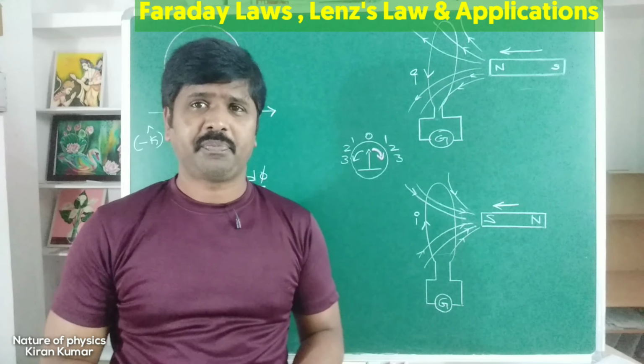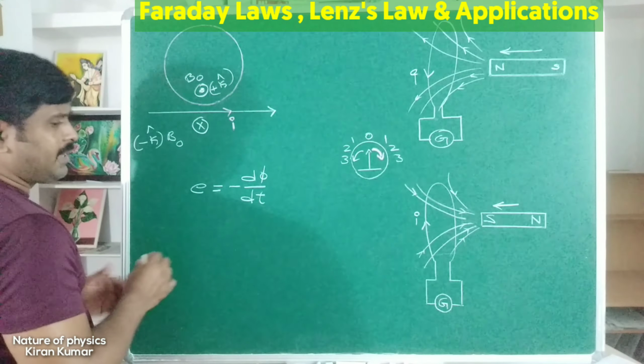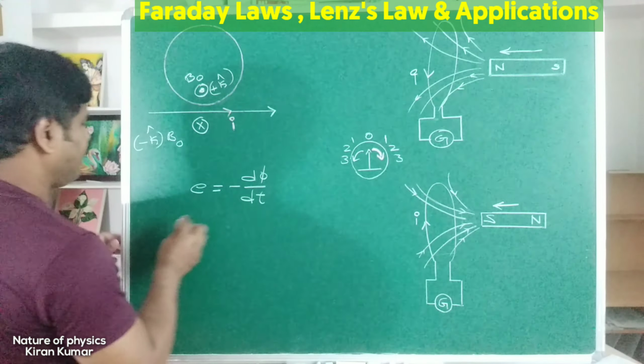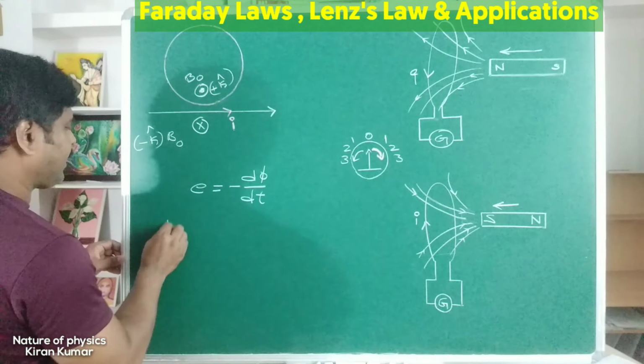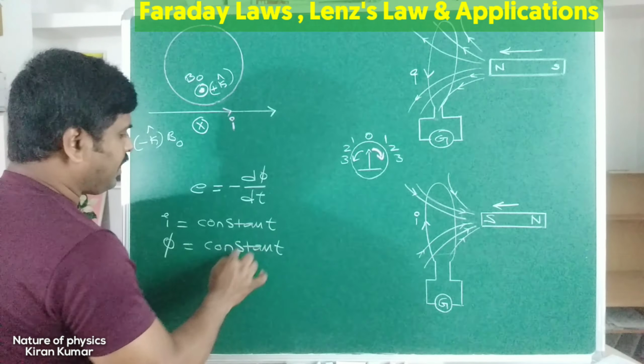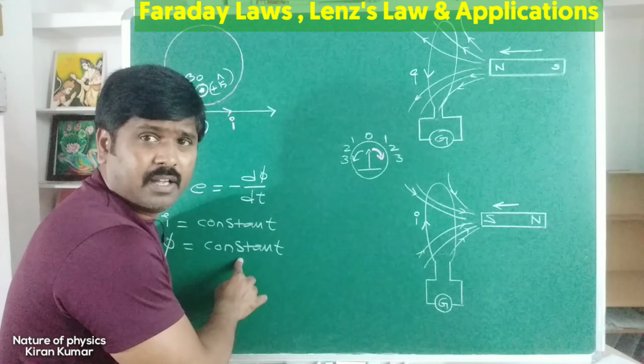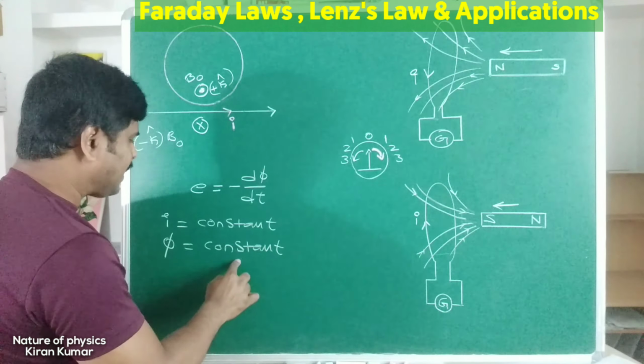Whenever the current is constant in the conductor, the flux also remains constant. If the current changes, then the flux will change. Here the current is constant, that's why the flux is also constant, and the induced current is equal to 0.